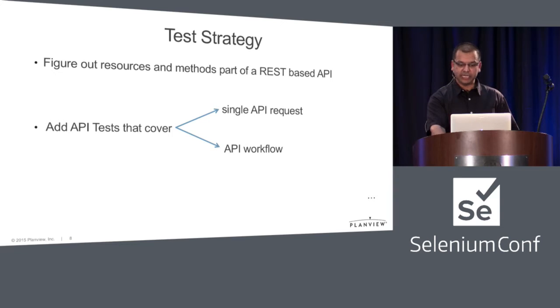Some more insight into our test strategy for adding API integration tests. Start by getting an understanding of the resource model that the API exposes, the HTTP methods the API supports, and the parameters it accepts. Also, an API test should be able to cover a single API request or a complex API workflow.